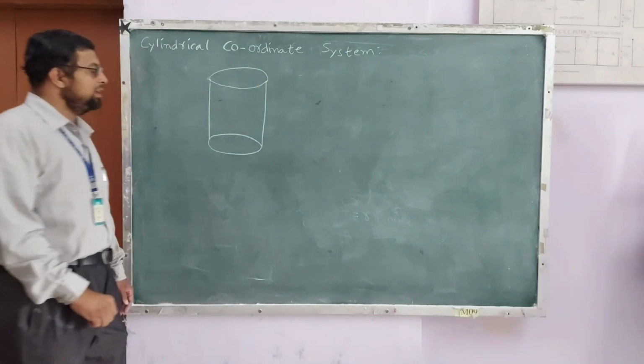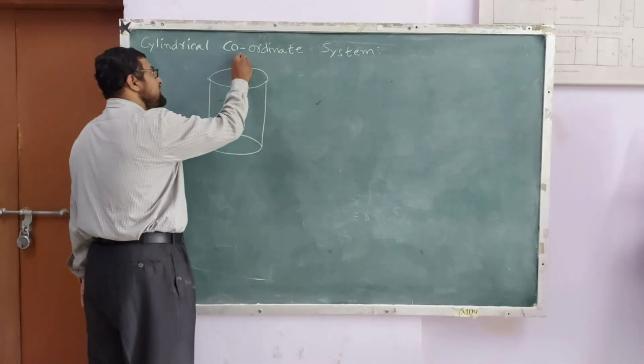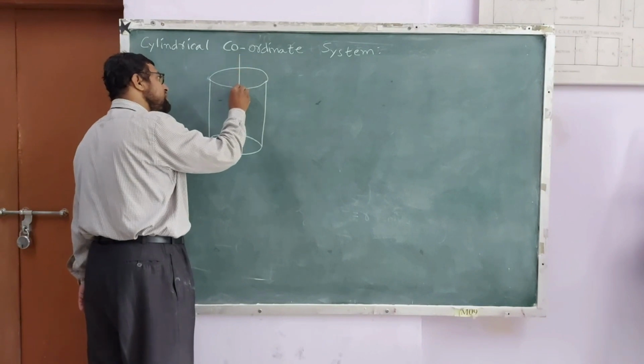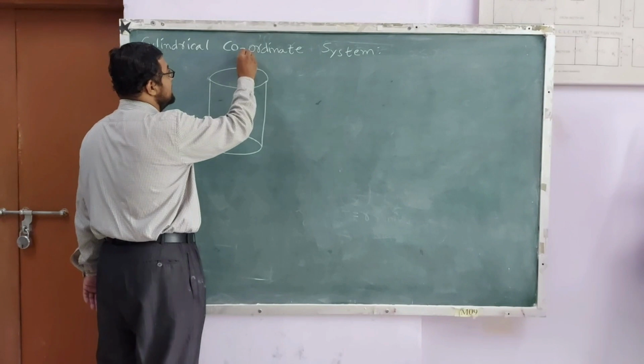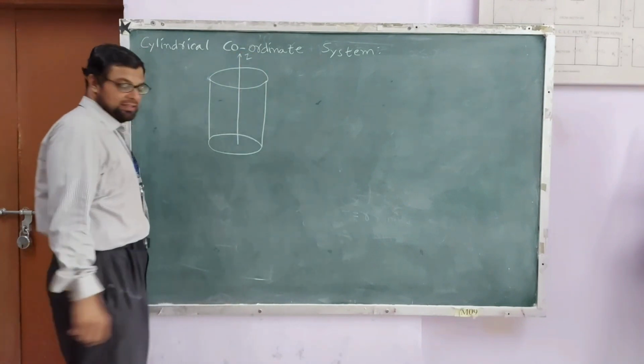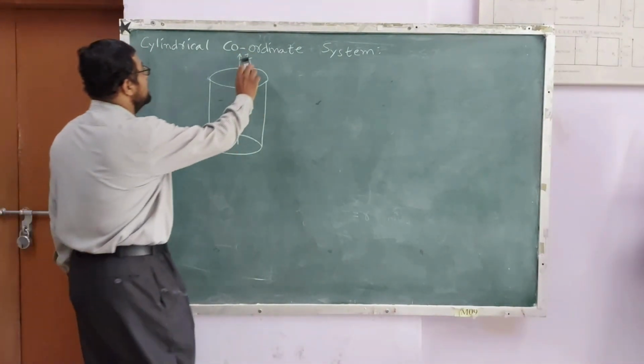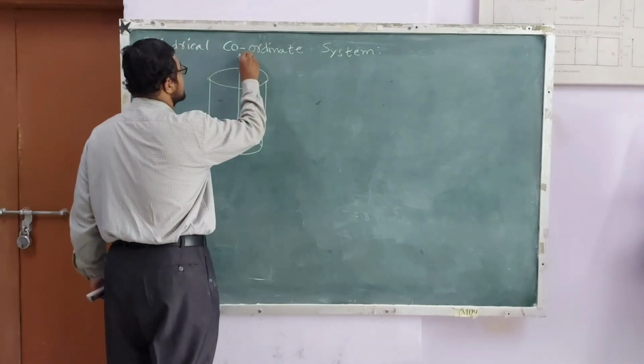This is the cylinder. Now along the height of this cylinder, I will consider this to be our z-axis. So this is our z-axis. Then I will write it as a capital Z.